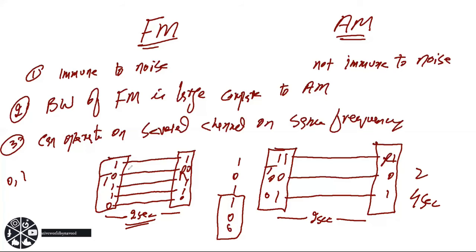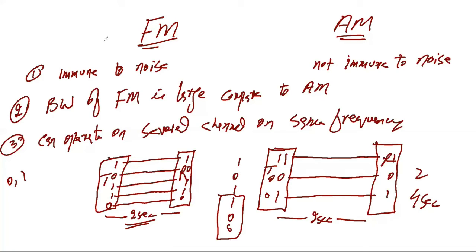That's why in radio stations people mostly use FM instead of AM. In FM you will receive the voice clearly, but with AM you will receive half the voice, wait 2 seconds, and then receive the other half. That is the problem.